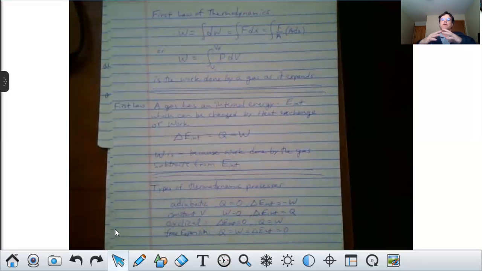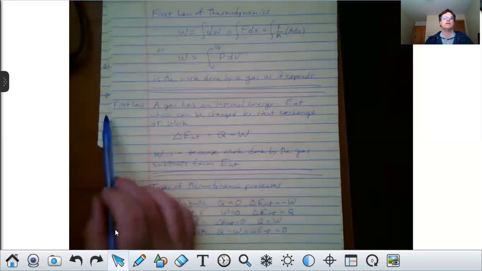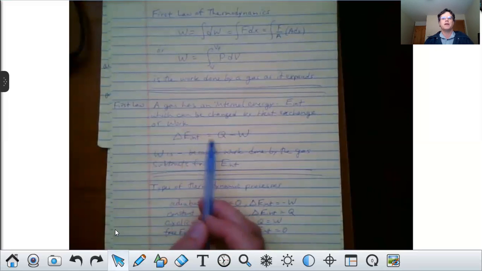It makes sense. If you're going to do work pushing walls out, that energy has to come from somewhere, and it comes from the gas. As those molecules hit the wall, they apply the force, and they lose speed, they lose kinetic energy. So that's the reason the minus sign is here.